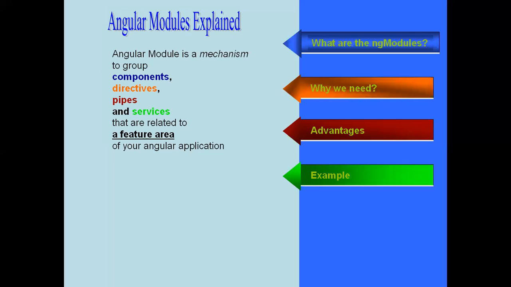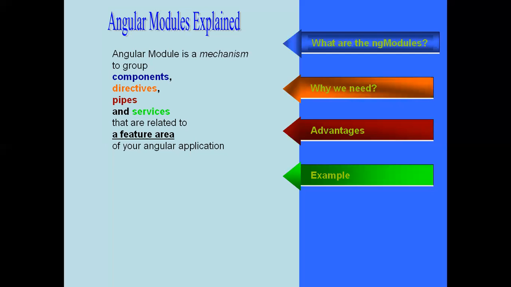That's why the feature area is mentioned here. So we can divide our application with respect to feature areas. By this definition, we can understand that every module can have its own components, its own directives, its own pipes, and its own services.